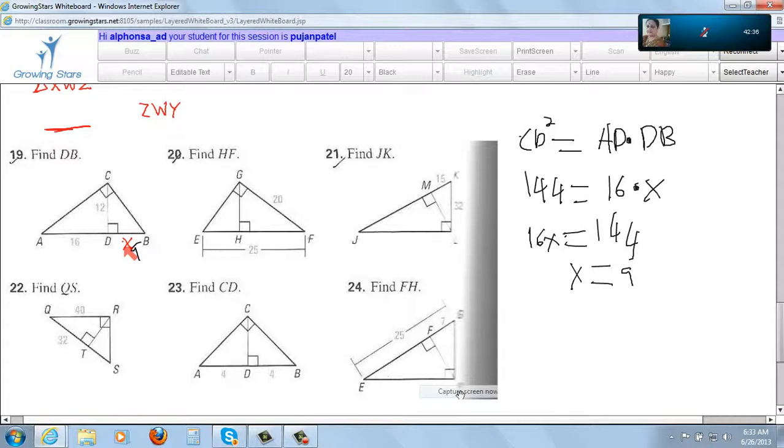HF. So you can put HF as x there. Actually, we don't need that, because GF is given. So GF is the geometric mean of HF and EF.